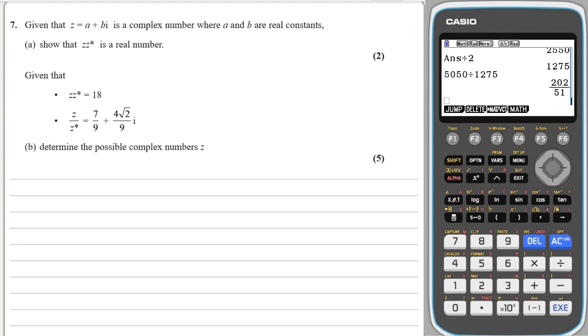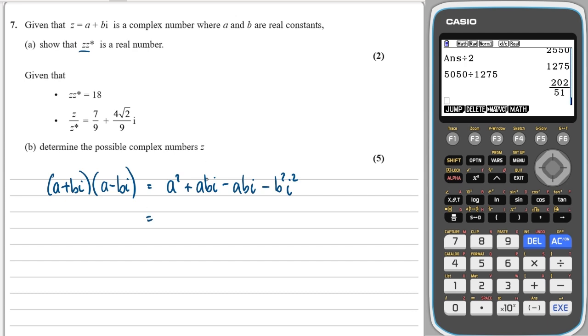Okay, question 7. We need to show that z multiplied by its conjugate pair is a real number. So we will just do a plus bi multiplied by a minus bi, which is equal to a squared plus abi minus abi and then minus b squared i squared.